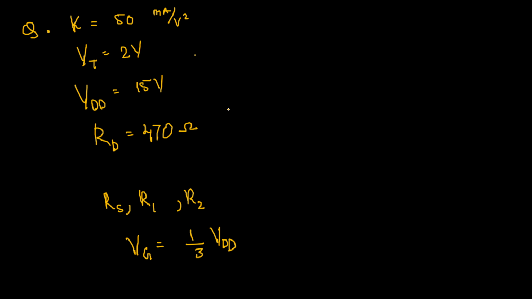Since we do not know the voltage of any of the terminals, we try and find one of them. So VD is VDD by 2. That gives us 7.5 volt. Okay, so now we have VD as well as RD.